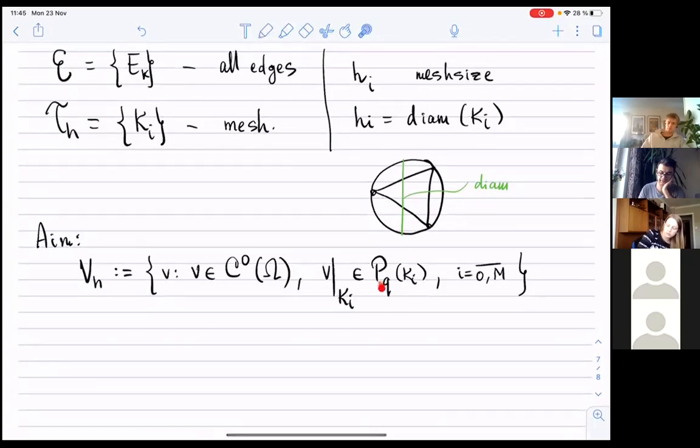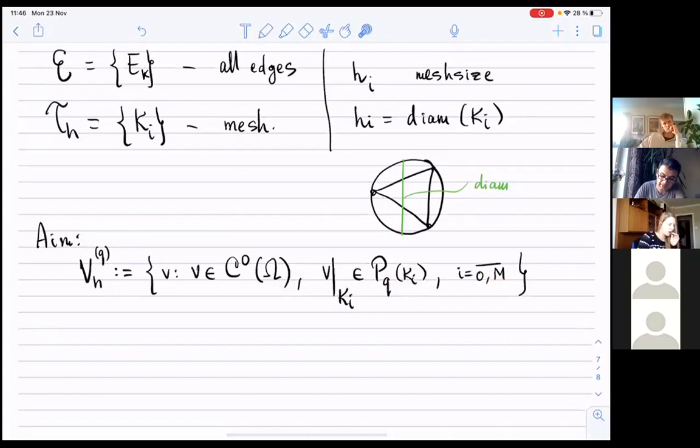Okay, so for polynomials of degree Q, sometimes we just put these spaces as continuous piecewise polynomials of degree Q, so something like this. If we define that, we know that the K's are finite.